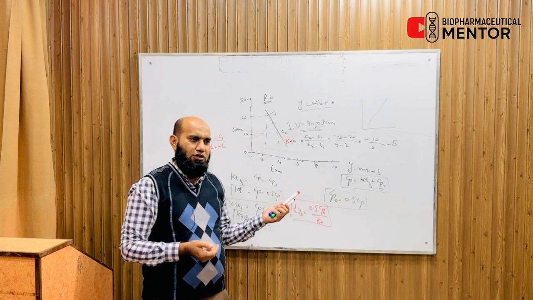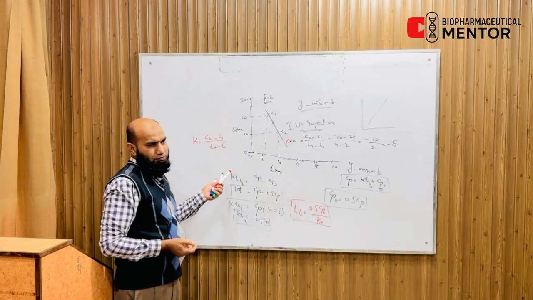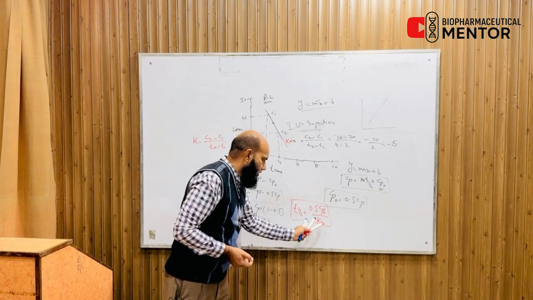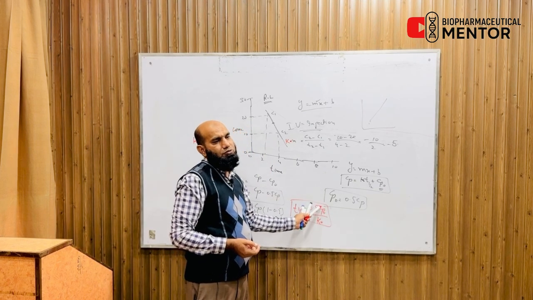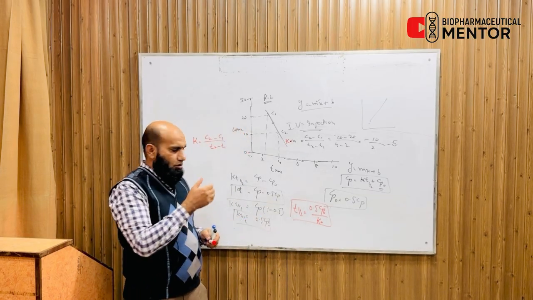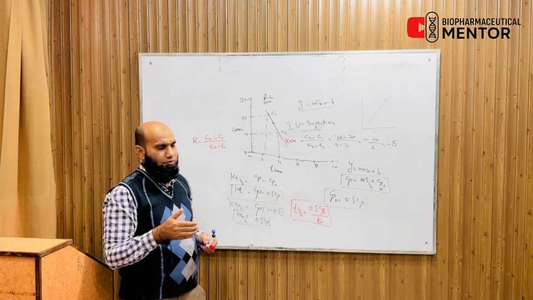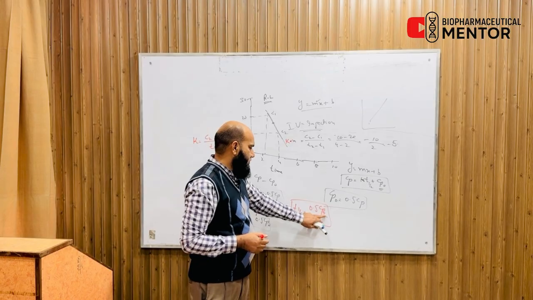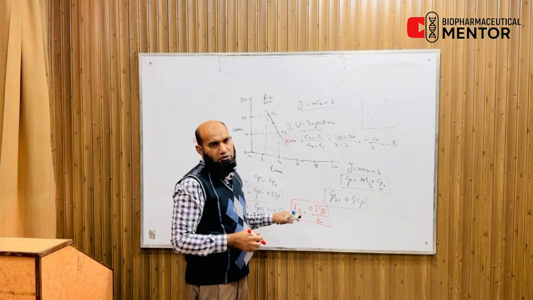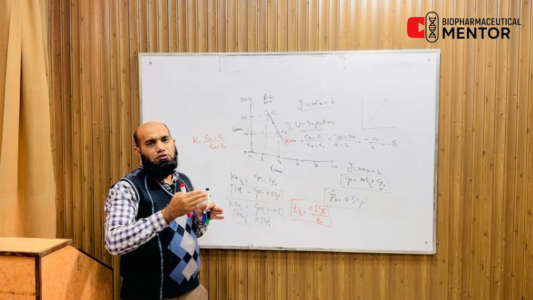In the case of a rectilinear graph, we just take the simple values of C2 minus C1 over T2 minus T1. If we have a negative value of K and a positive value of Cp naught, we do not even have to mention any negative sign with the half-life, because time would not be negative. We write the Cp naught concentration with K, then we can get the half-life of the drug. This is all about calculating half-life by using the zero order concept.